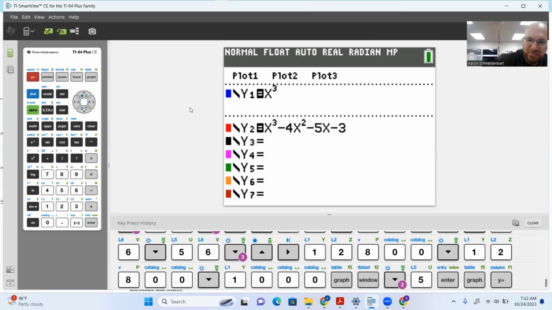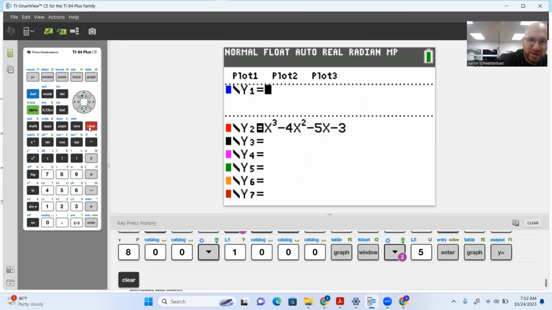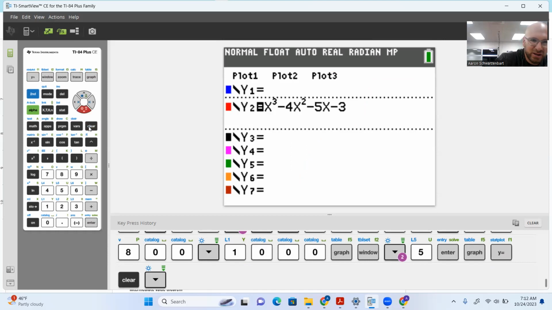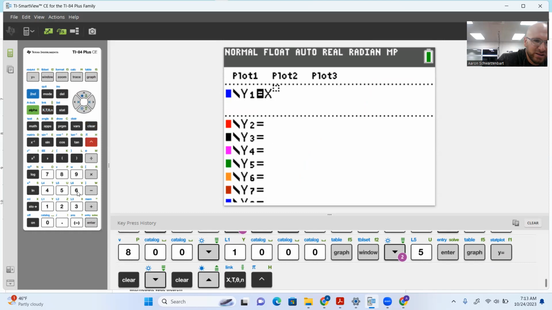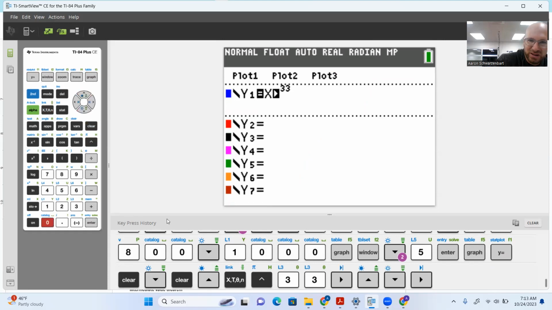When you're doing end behavior, I always recommend being a little bit zoomed out if you're graphing, because you'll usually use the graphing calculator. But I always recommend graphing it and then being kind of zoomed out. Oops, not x to the 33rd. That's going to be a little high.